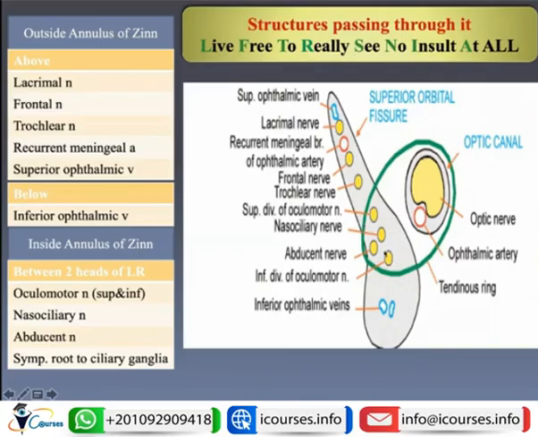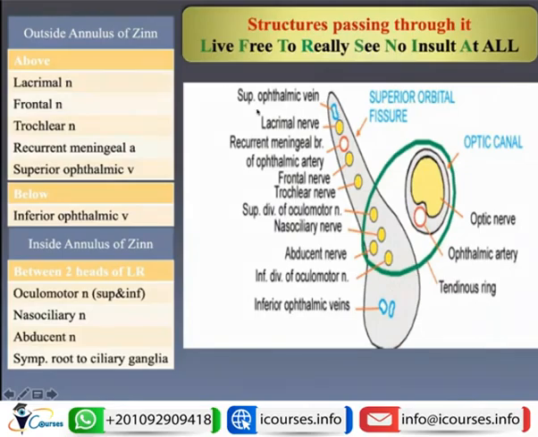So what are these structures? First, we have the lacrimal, frontal and trochlear nerves. The lacrimal nerve, the frontal nerve, and the trochlear nerve pass above the common tendinous ring within the superior orbital fissure. Then we have an artery and a vein. The artery is the recurrent meningeal branch, and the vein is the superior ophthalmic vein.